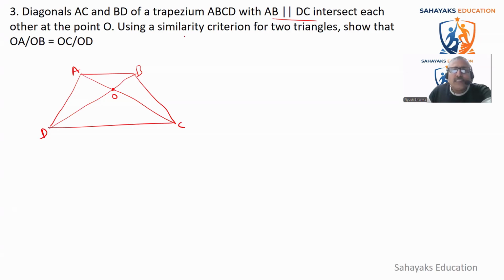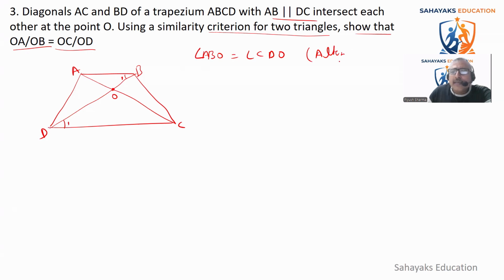Using the similarity criteria of two triangles, show that OA by OB is equal to OC by OD. Let's see this. If I say this angle is 1, this angle will also be equal to 1. These are equal. Why? These are alternate interior angles. I am just telling you, but you have to write it in detail. So how will you write it? Angle ABO is equal to angle CDO. Why?